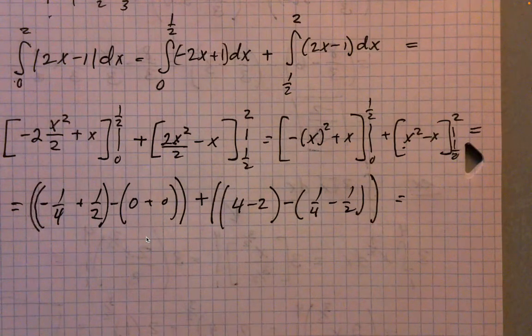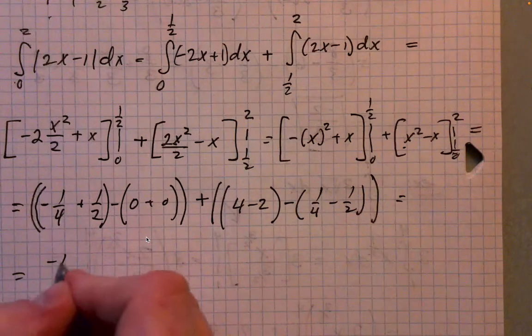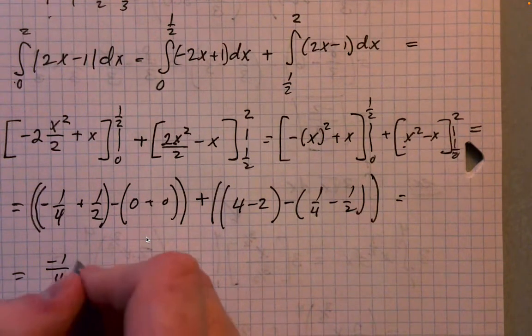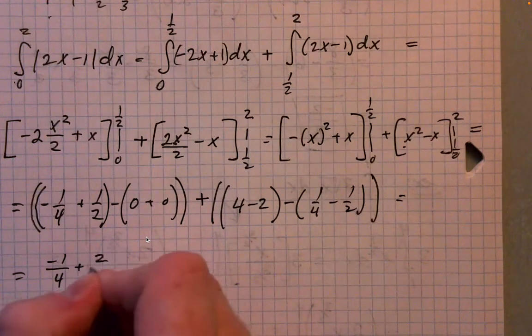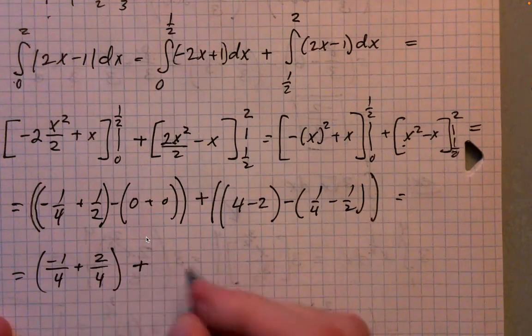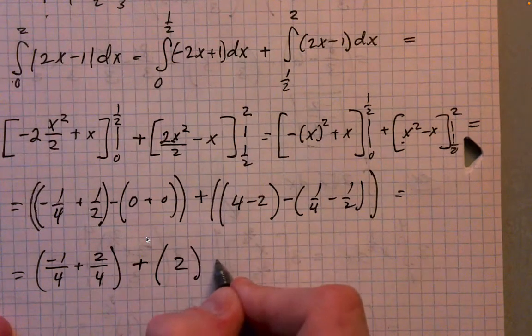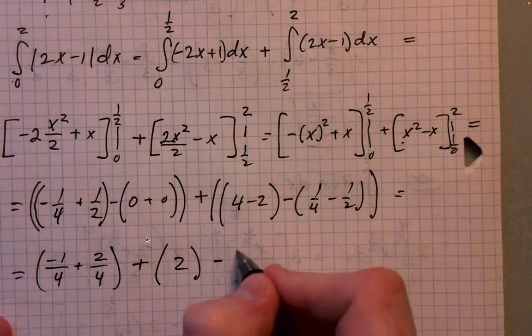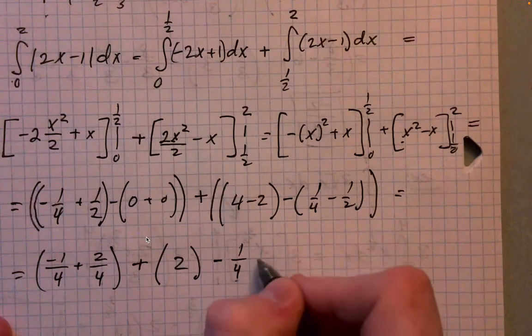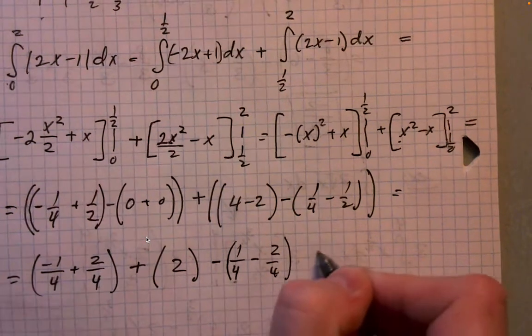All right, and we can figure this one out. Let's see. So it's negative 1/4 plus 2/4 here, and that's just 0, so we're not going to worry about that. Then over here I've got 4 minus 2, which is 2. And then minus 1/4 minus 2/4.